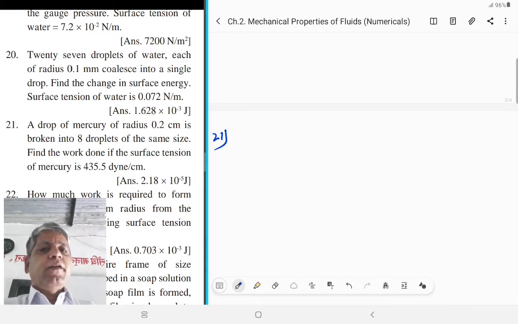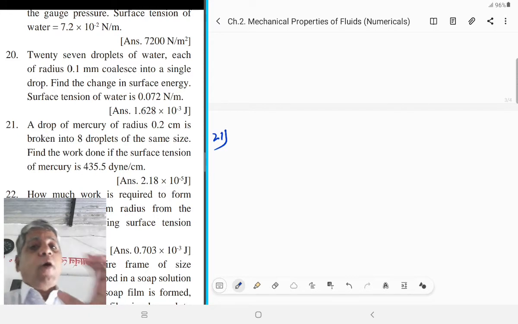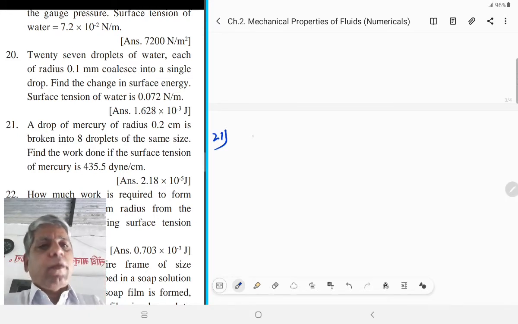Find the work done if the surface tension of mercury is 435.5 dyne per centimeter. Here the radius of mercury drop, here big drop is given.